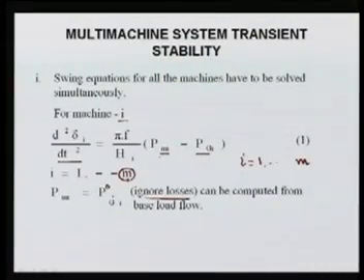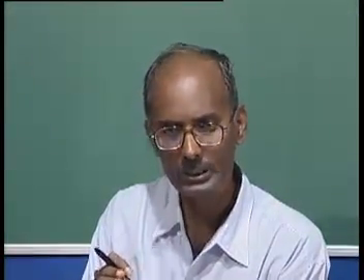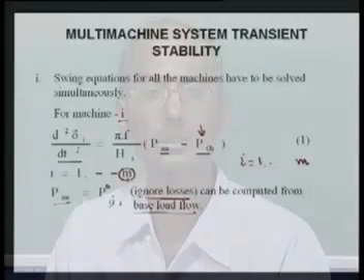So PM, the mechanical input to the generator at the internal voltage of the generator, is calculated by taking PGi naught obtained using the base case load flow. This PM, the mechanical power input to the alternators, is assumed to be constant during the transient stability program. So this value is fixed, while PGi keeps on changing, because PGi is the output of the alternator and depends upon the topology of the network.